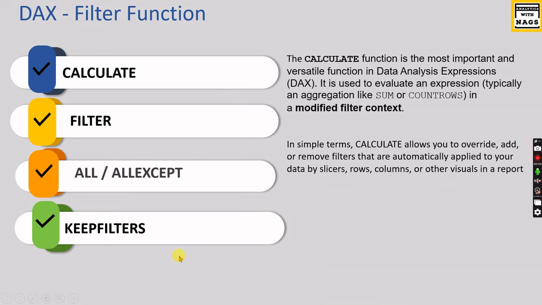We have seen many times that we filter from the row, from the column, from the slicer, from the filter pane. All these filters contribute to that cell. Now this CALCULATE function can override those applied filters, and add or remove filters used in the CALCULATE function. This is what we call modified filter context.